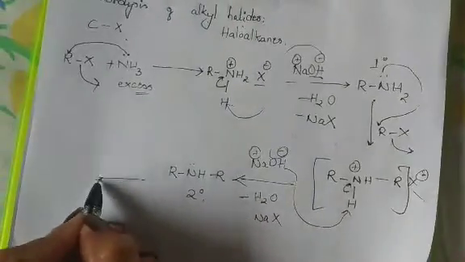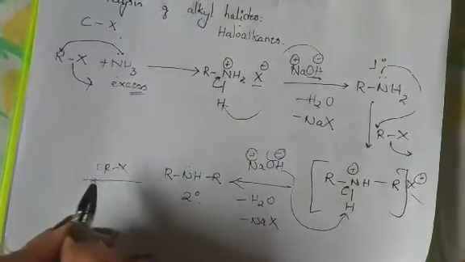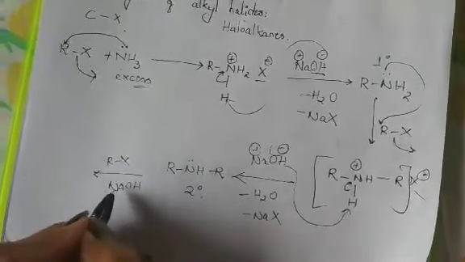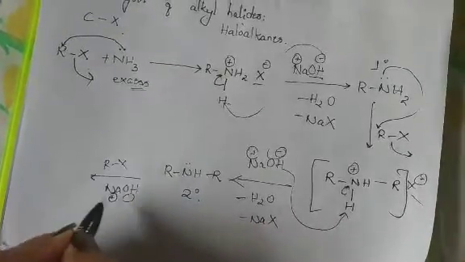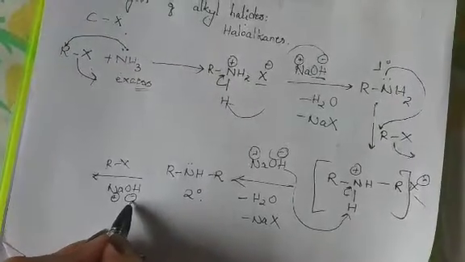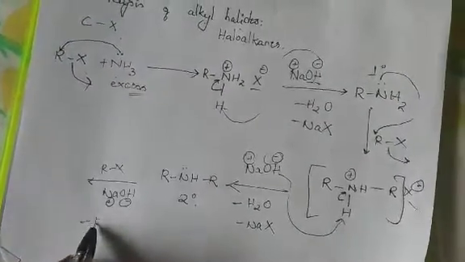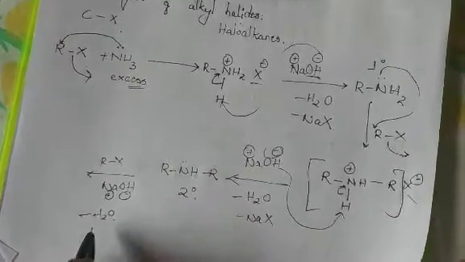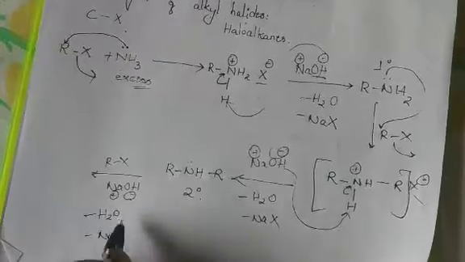Now again, if we apply the same step, another RX molecule with NaOH, the nitrogen is positive and X is negative. The OH takes up the hydrogen and leaves as water, and there is removal of NaX.